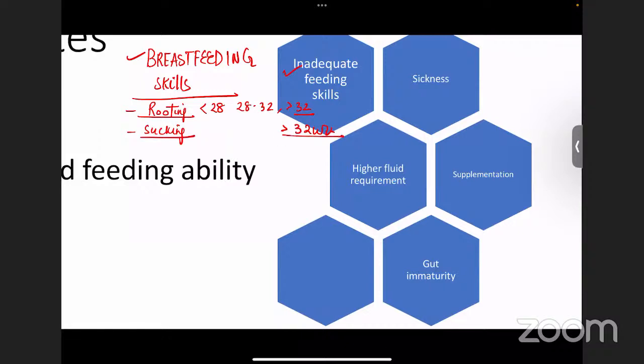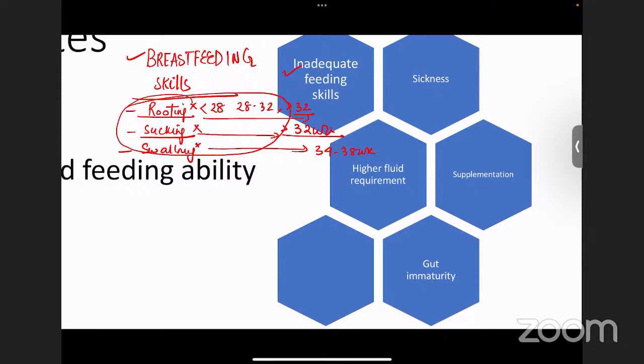Swallowing coordination starts to develop from 34 to 38 weeks. So that is the timeline difference. Any babies born below 32 weeks don't have routine sucking and swallowing. As a result, they are not going to feed on the breast, so direct breastfeeding is not possible.